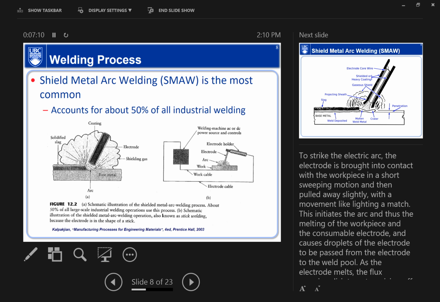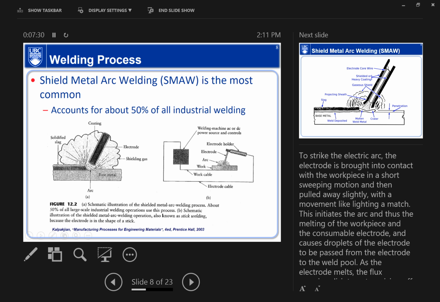Basically you're holding a stick, and the stick refers to the electrode right here. The electrode needs to be selected appropriately to match the base metal, which is the metal that you're welding, matching its properties, which we'll see later. You connect a power source to the electrode, and it's just like lighting up a match.